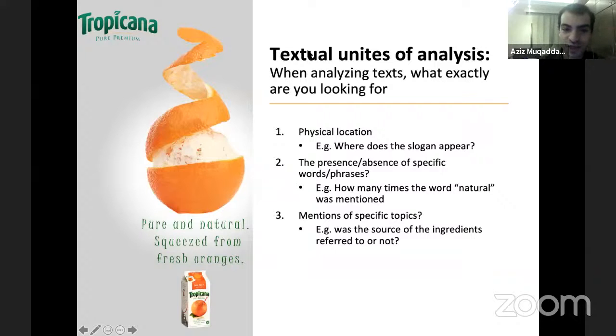Let me ask you a different question. If I want to know how many times a word was mentioned on, let's say, Twitter, what would I do? Where would I go? I think with Twitter, you could just type it in the search bar and it'll literally pull up every tweet that has the word in it.